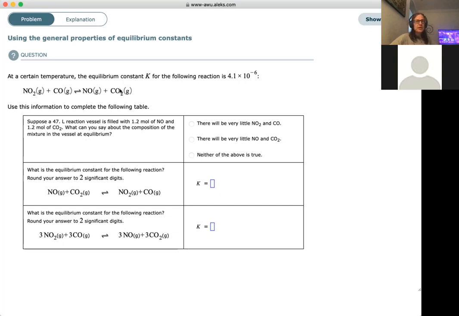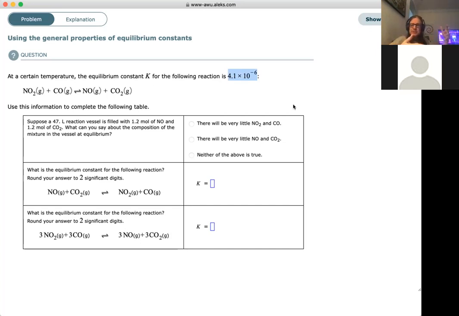And the answer is we don't have any results for equilibrium, but remember what we said about the power of the law of mass action or the power of the equilibrium constant, that it doesn't matter what our initial compositions are. Once it comes to equilibrium, there's going to be a mixture of reactants and products that will give us a value of K that doesn't change as long as we don't change the temperature, right?